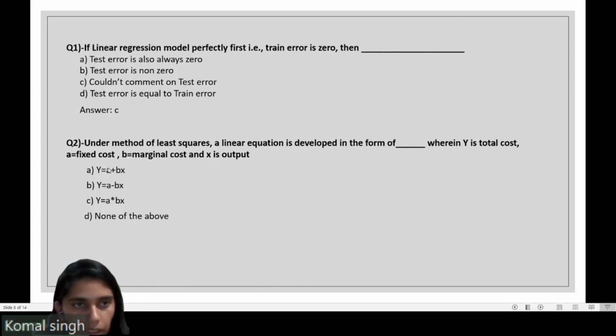Then b is the marginal, which we can use as the rate of growth. Then y is output, so this equation we have already discussed, that y = a + bx, which is pretty simple, and the answer is a.